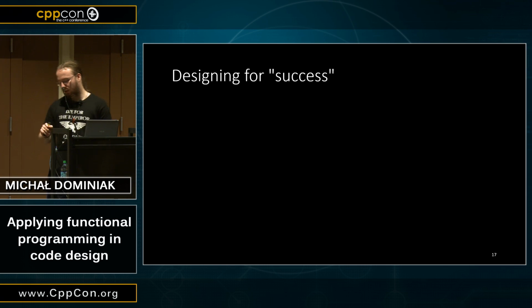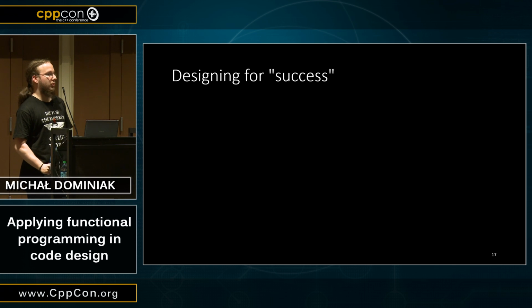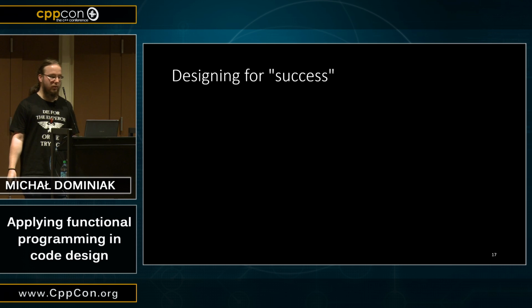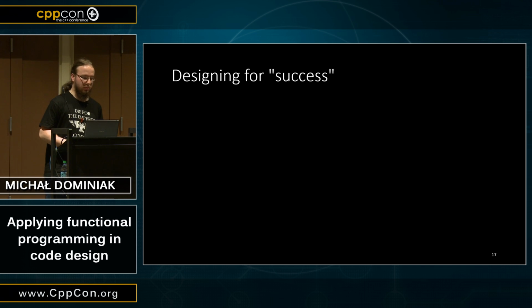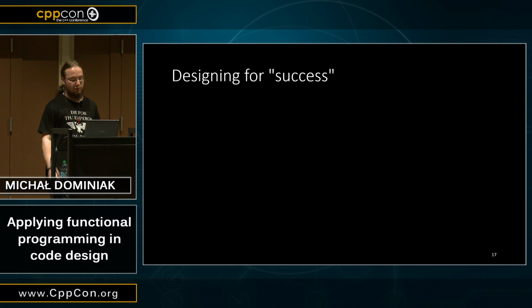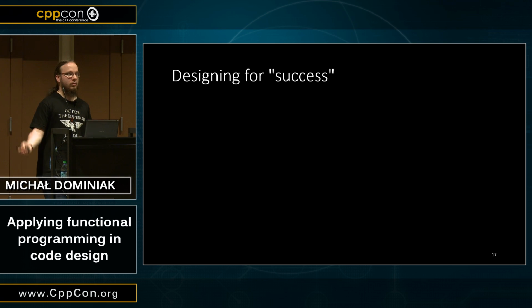Okay, so we would like to design code for the successful cases. And this is basically the same principle that says that our code should not be full of try-catch blocks. We should just assume that it works. We write code where we do not check for errors, and we only check for them when we actually want to handle them.